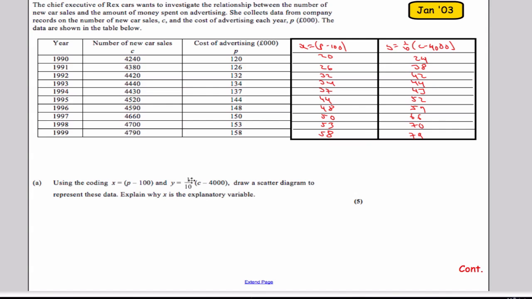So that's the coding done, and next I need to draw a scatter diagram to represent the data and then explain why x is the explanatory variable. Let's just do the scatter diagram. I'm going to need a scale on the x-axis that goes up as far as 60, and a scale on the y-axis that goes up as far as 80.